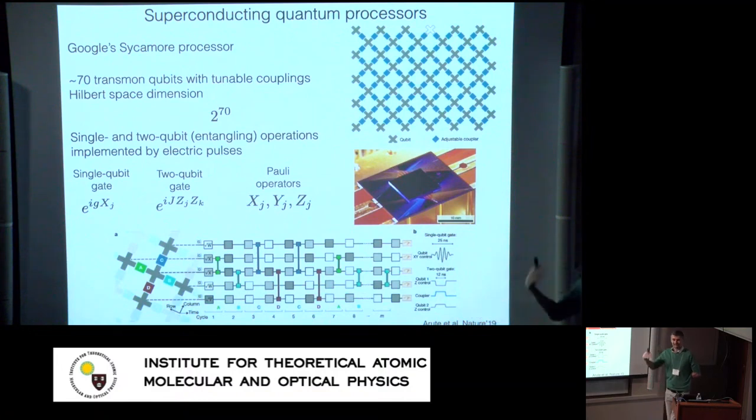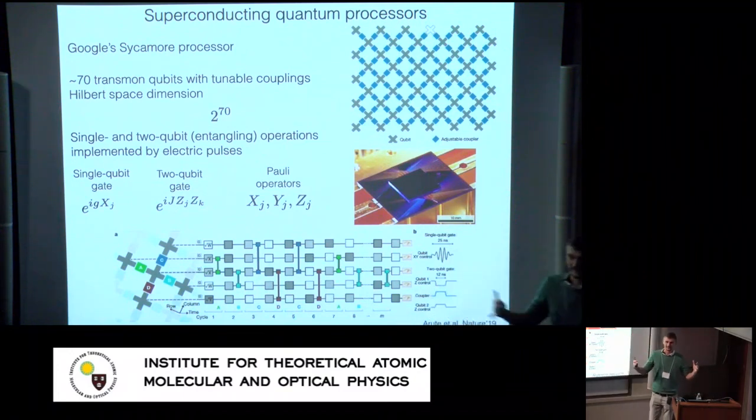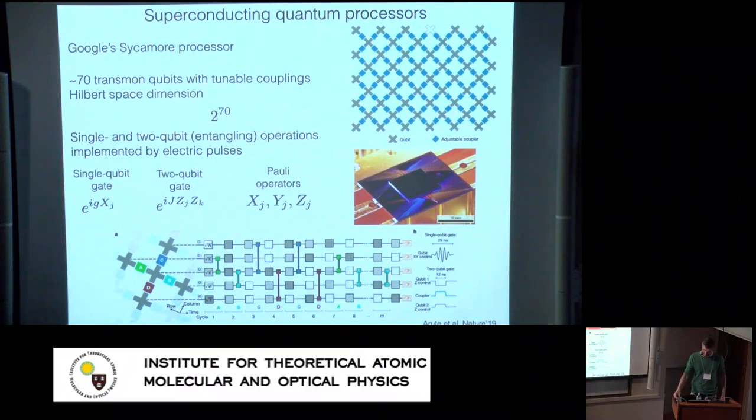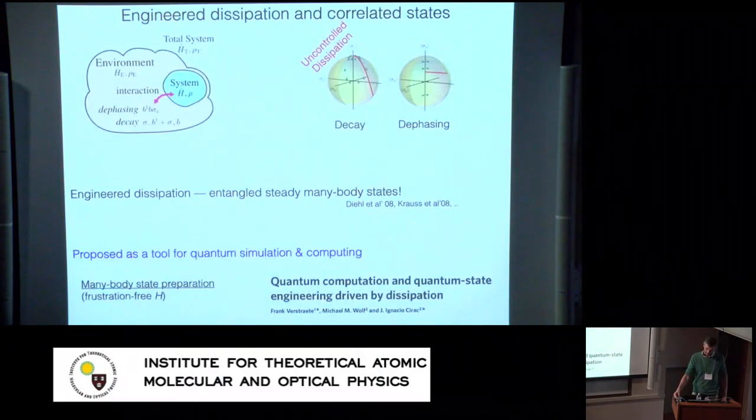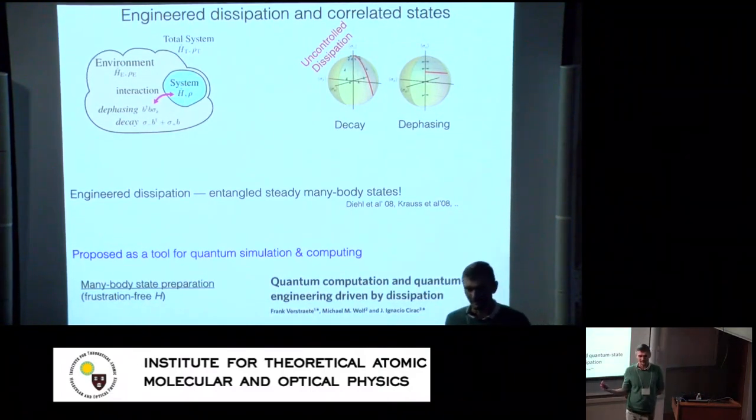This is the next generation of the device which was used in the 2019 quantum supremacy experiment. There, the goal was to create a very entangled wave function as quickly as possible, applying essentially random gates.